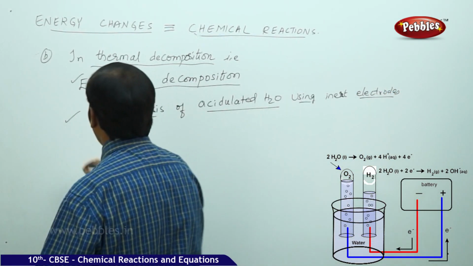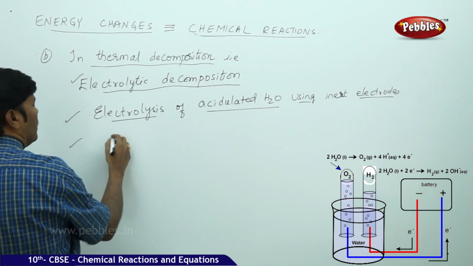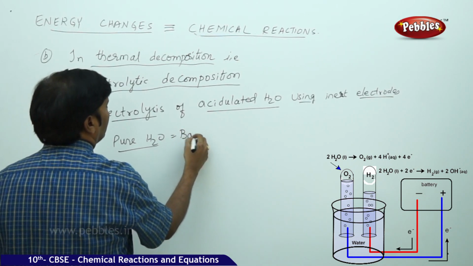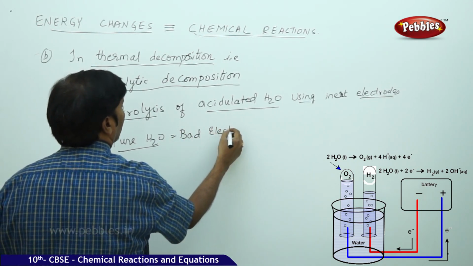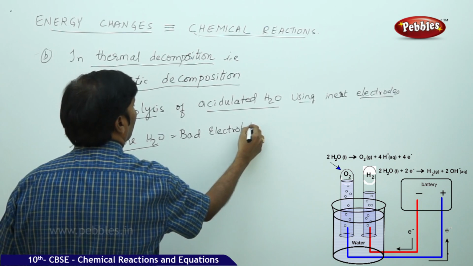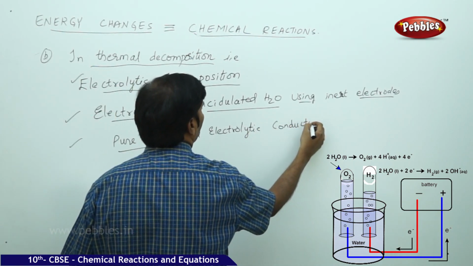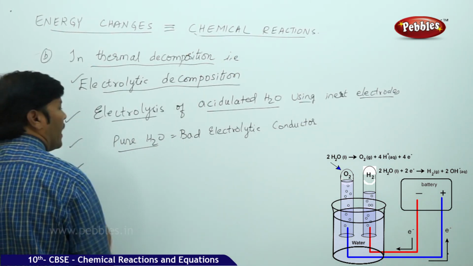That's why we say acidulated water: pure water is a bad electrolytic conductor. So to improve its conducting nature, we need to add a small amount of acid.